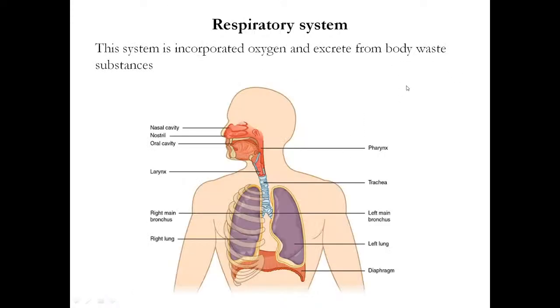Respiratory system. This system is incorporated to take in oxygen and excrete waste substances from the body. What you see, the respiratory system includes the right and left lung. This is the trachea. This is the pharynx, nasal cavity, nostril, oral cavity. This is the respiratory system.